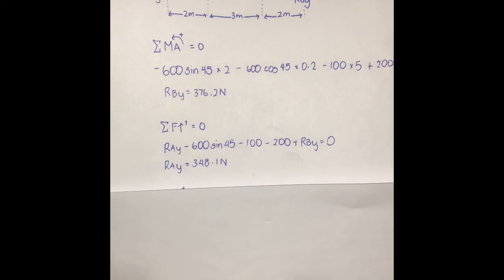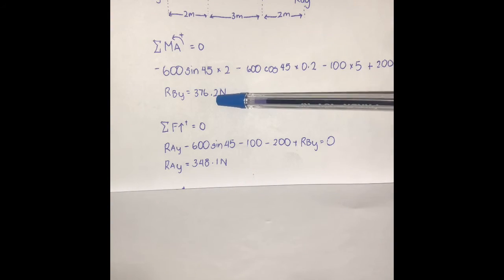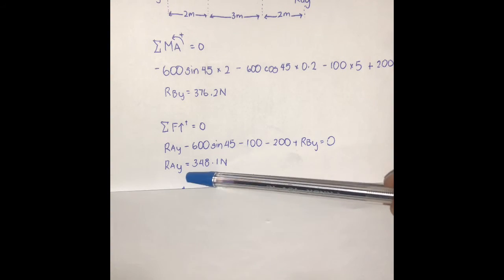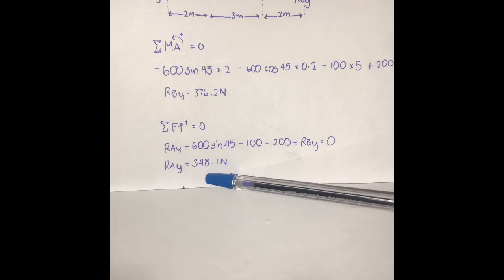So we have our RAY minus 600 sine 45 minus 100 minus 200 plus RBY. Equate that to 0. Since we have RBY, we can solve for RAY. That gives us 348.1 newtons.